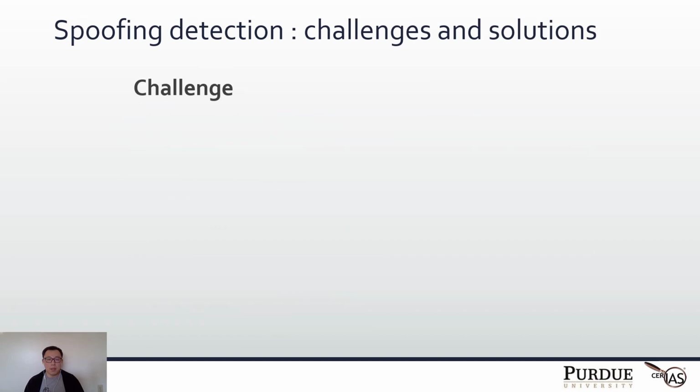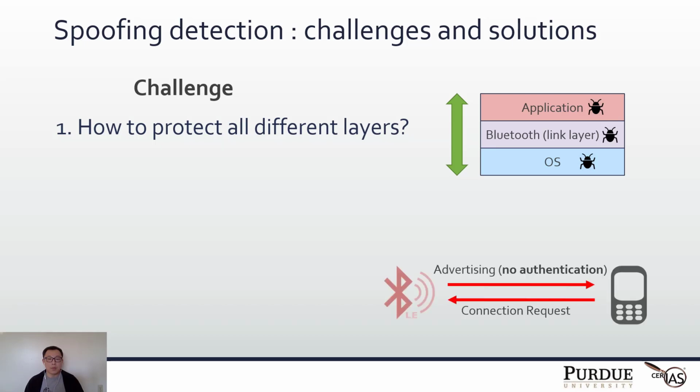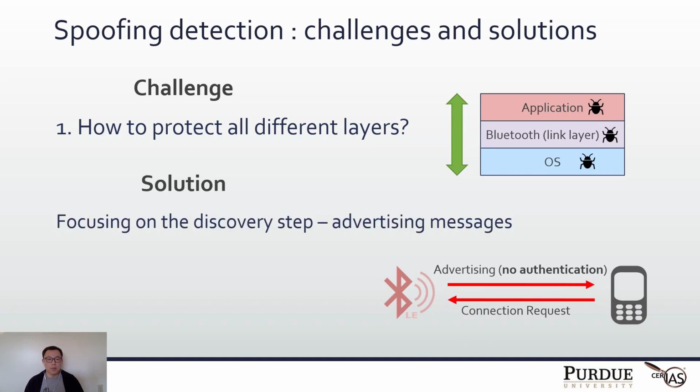As I mentioned earlier, there might be vulnerabilities at different layers. Then the first challenge is how to protect all these different layers. Remember that the attacker needs to first send out spoofing advertising messages so that the master device can connect to it to launch the spoofing attack. Therefore, we focus on protecting the discovery step by protecting the advertising messages.